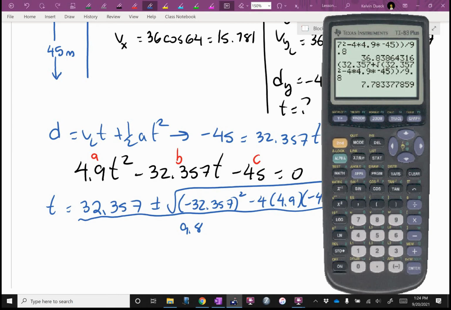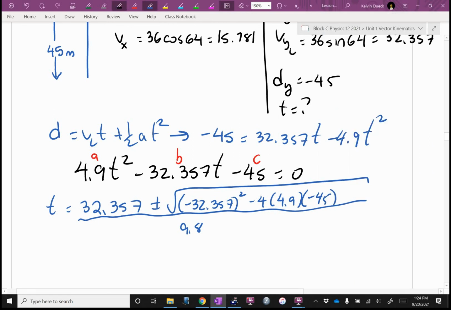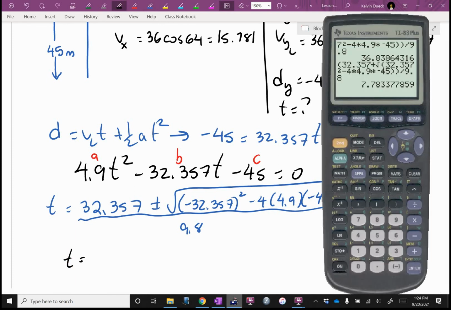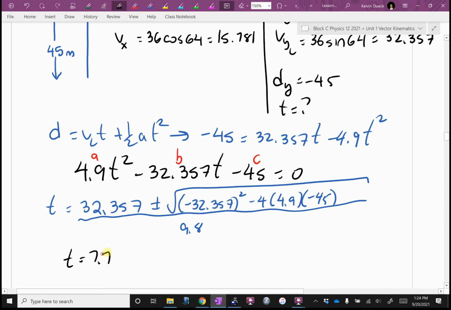Those of you with the solver, what'd you get for t? 783377. Okay. I had a typo. Haven't done that for a while. 7.7834. 7.7834.